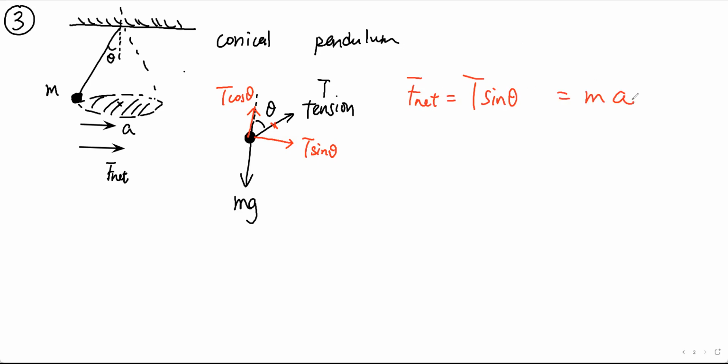And the a, because it's a circular motion, a can be written as v squared over r or r omega squared. Now let me use m r omega squared here.